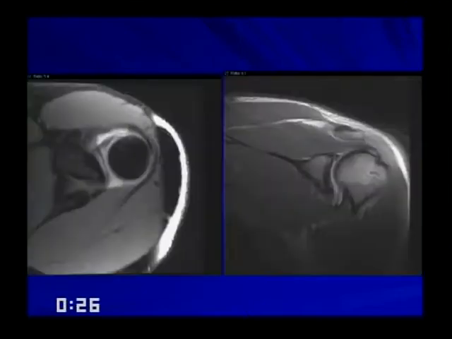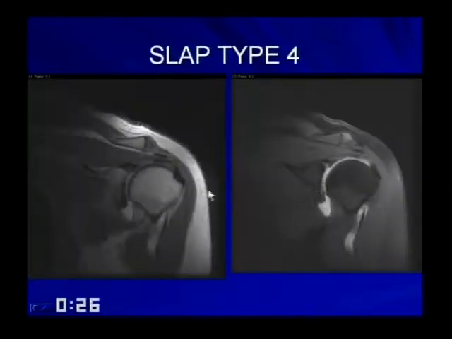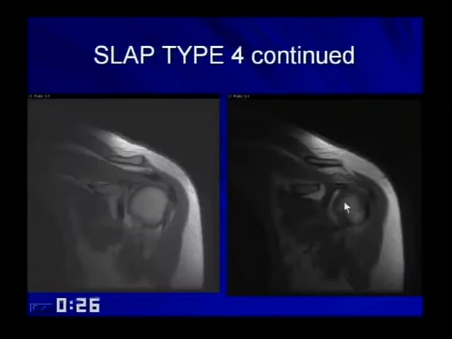Type 3, a fragment flips over into the joint. And a type 4, you see this tear going up into the bicipital labral complex. And here's a patient with a SLAP lesion in the superior labrum here and there. And in this one, you can actually see it going into the tendon sheath of the biceps.